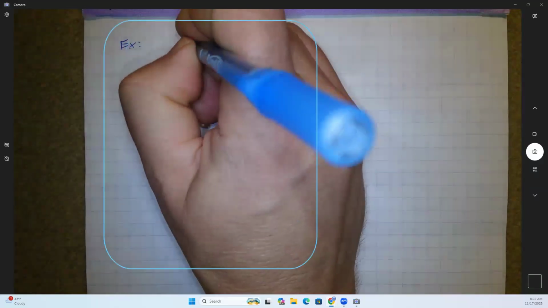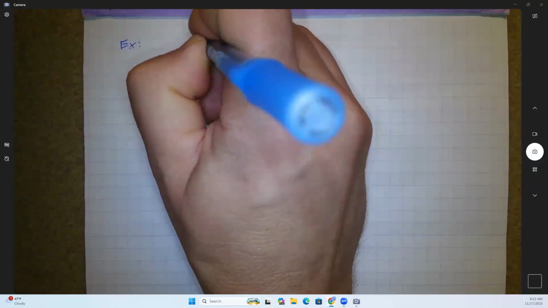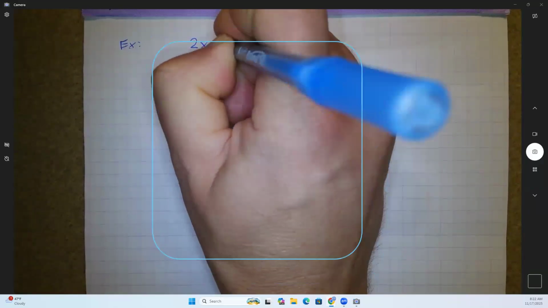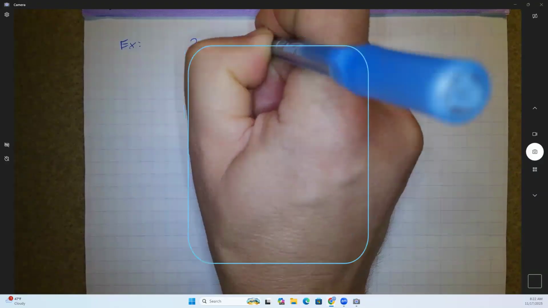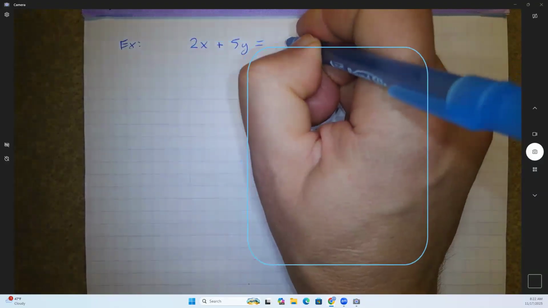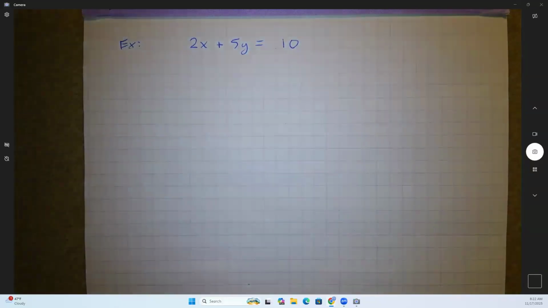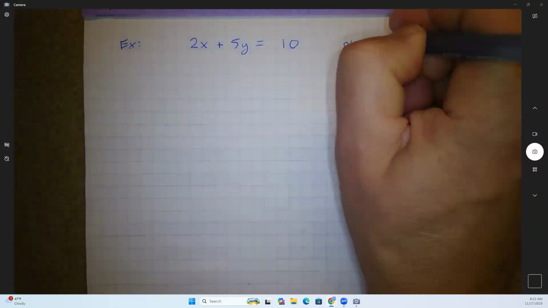So let's look at another example. Let's look at the relationship between X and Y. It's going to be 2X plus 5Y equals 10. And let's see if we can plot some points.